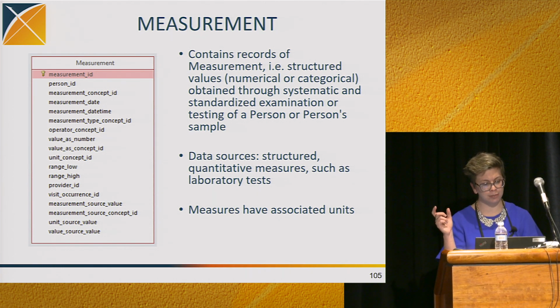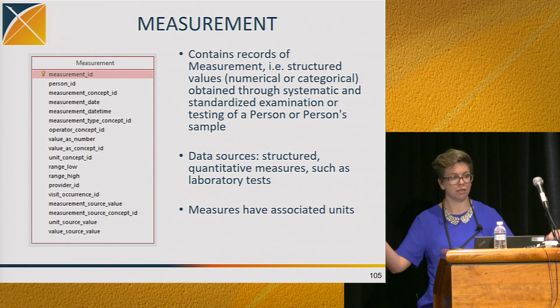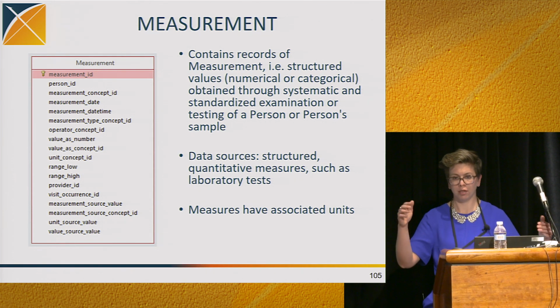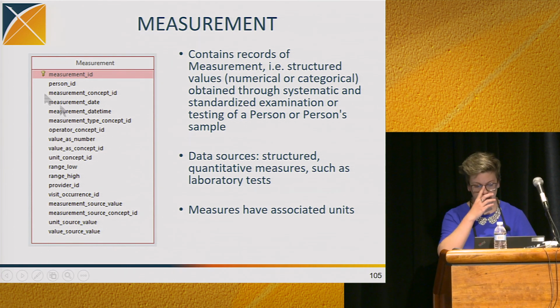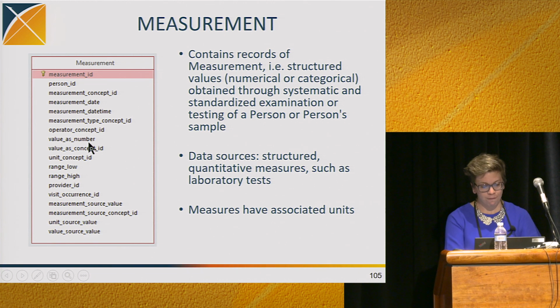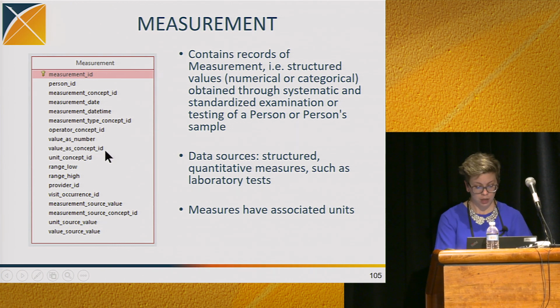Like operator concept ID. Sometimes a measurement lab will just say plus, or larger than, greater than. If you get that kind of value across, we're going to represent that in a standard way. If you get a value as number, there's a field that's supposed to just store numeric values.